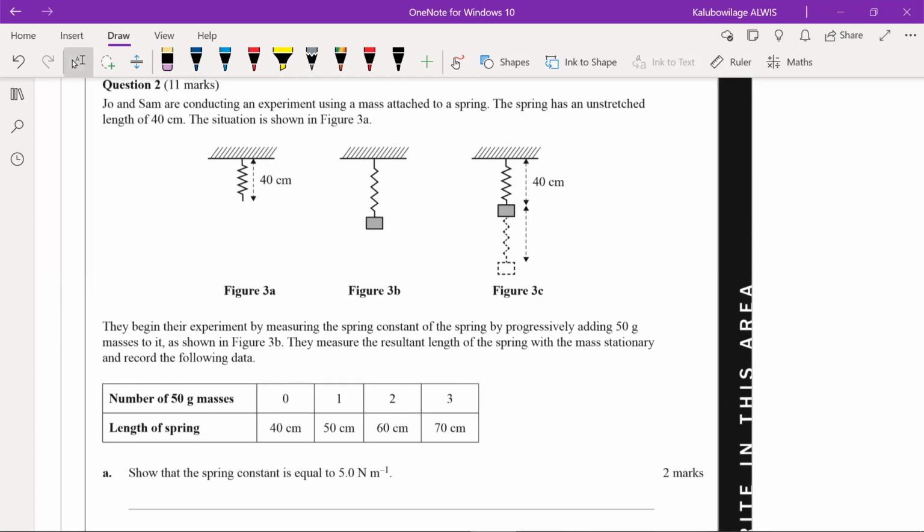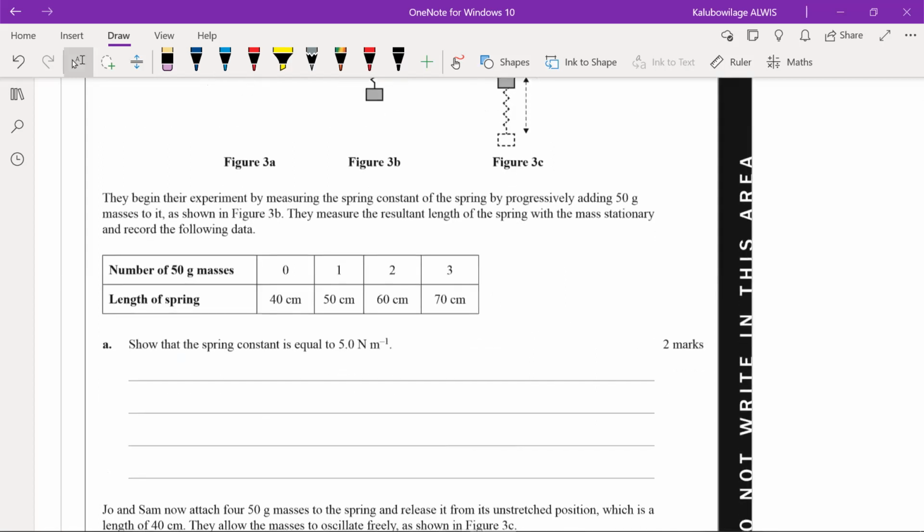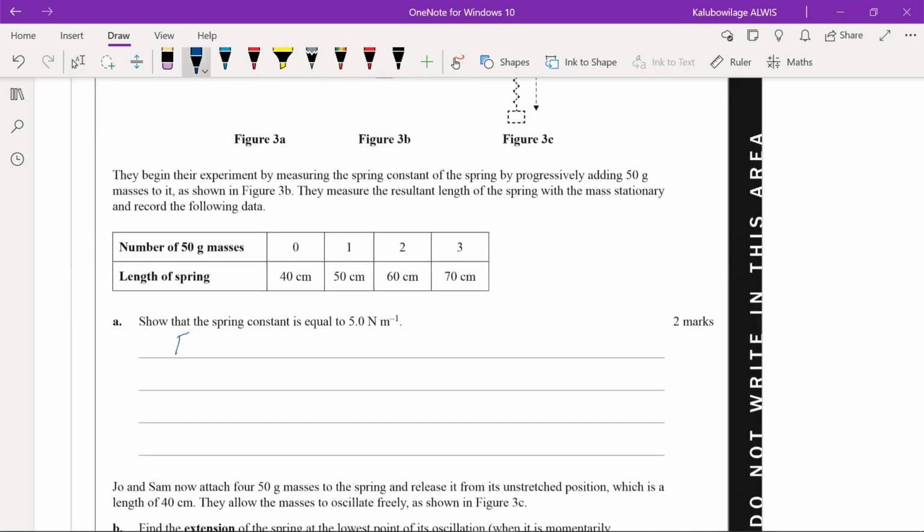So we have a spring question. For this one, it's just F equals kx. And for F, you just do mg. The mass for the first one is 0.5.